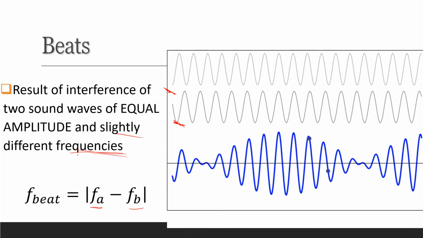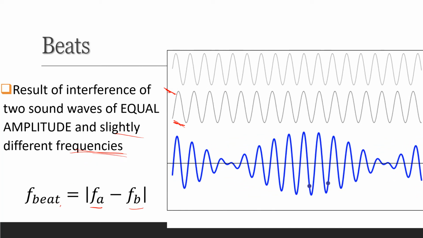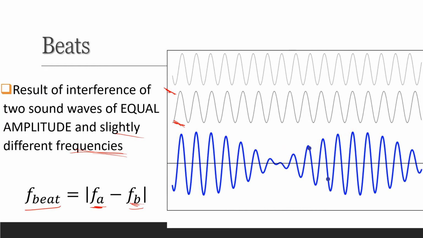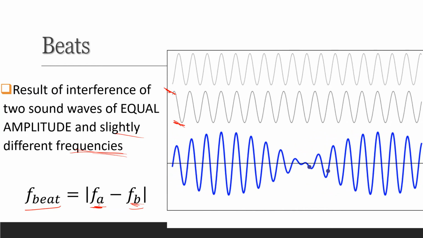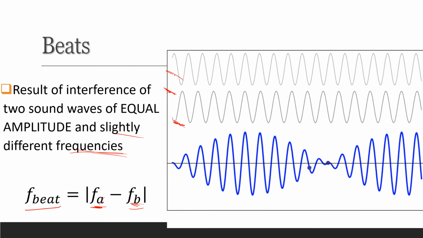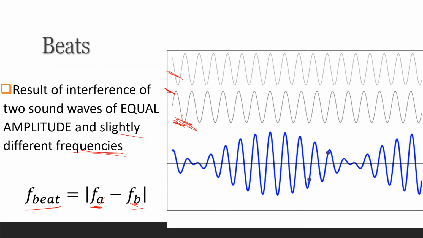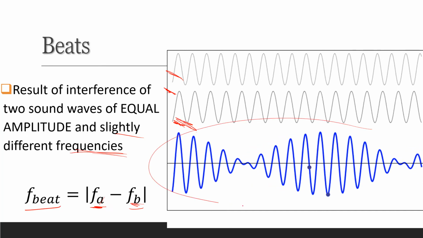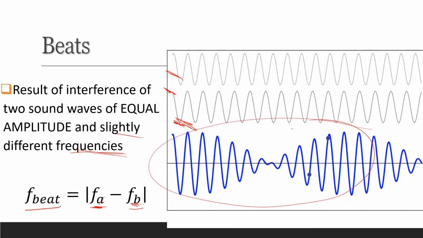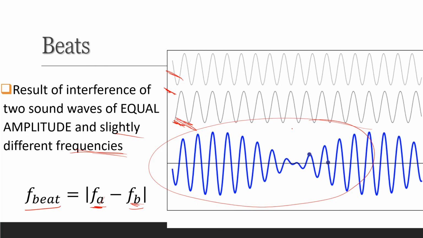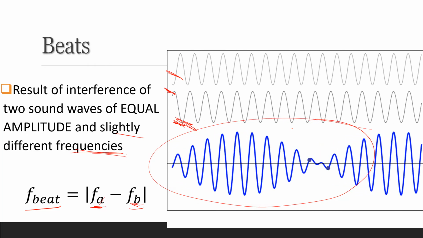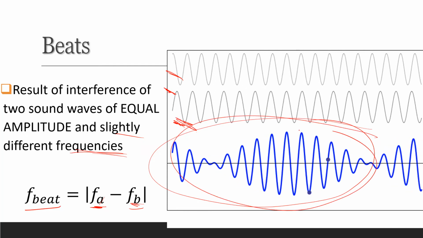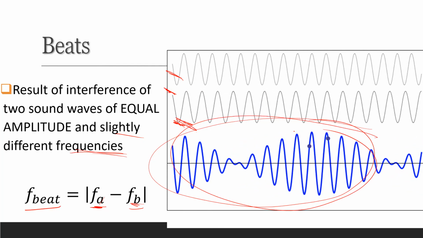The beat frequency, f beat, is just equal to the frequency of one wave minus the frequency of the second wave, and the resulting wave looks like this one. If you add the two sound waves, then the resulting wave will be this blue wave here.